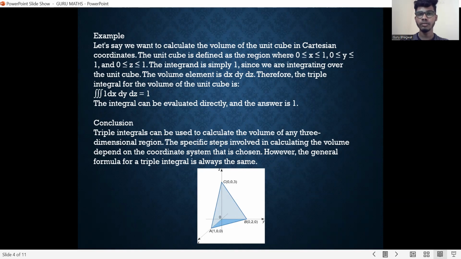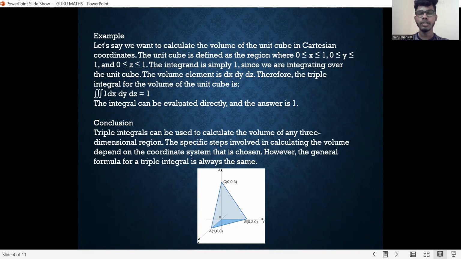The volume element is dx dy dz. Therefore, the volume of the unit cube is given by the triple integral of 1 dx dy dz, which is equal to 1. The integral can be evaluated directly and the final answer is 1.